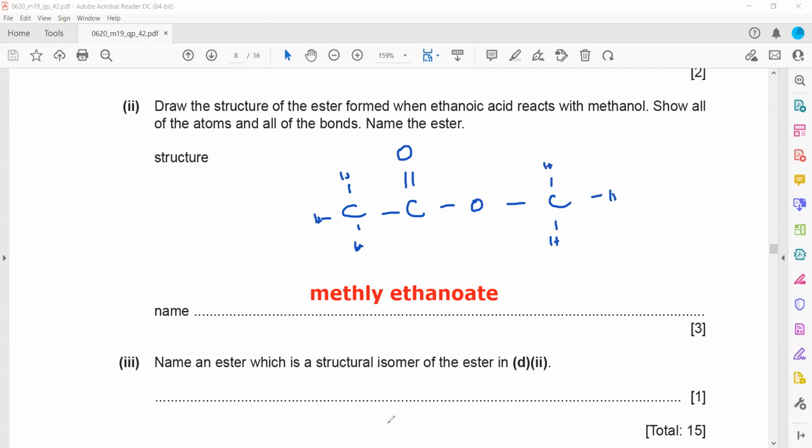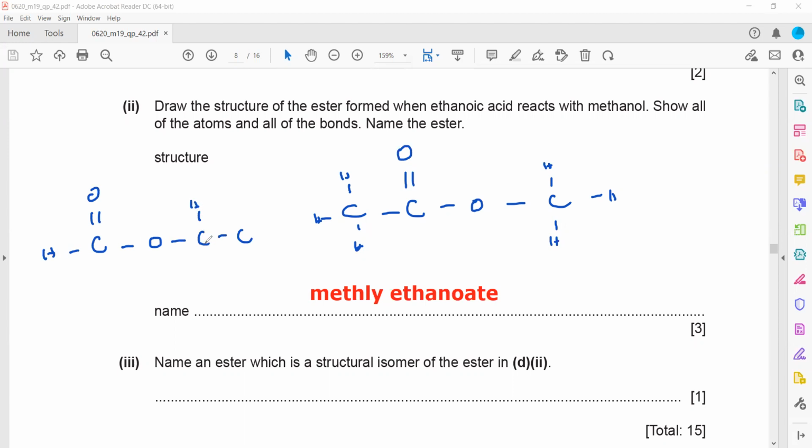How can I change this structure to draw an isomer? This is methyl ethanoate. What I can do is move this carbon to the other side, and hydrogen will be here only. Like right now, one carbon is on the right hand side and two carbons on the left hand side. But if I switch the position, I put two carbons on the right hand side and one carbon on the left hand side.